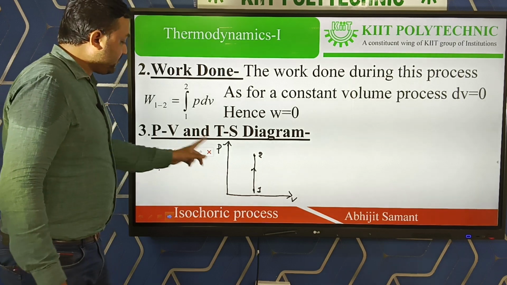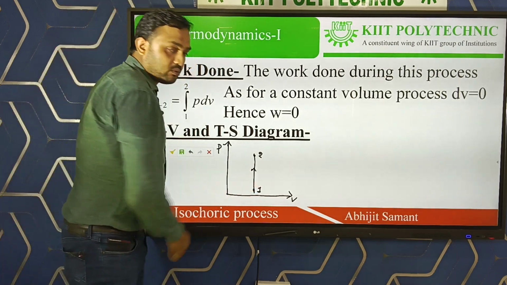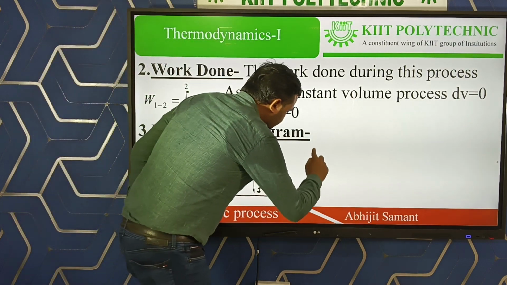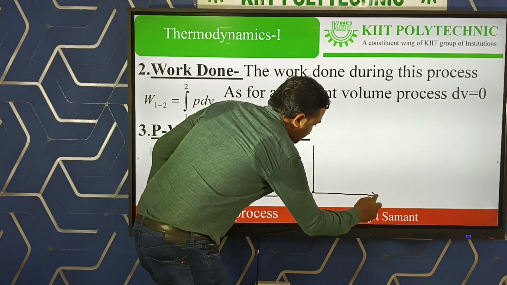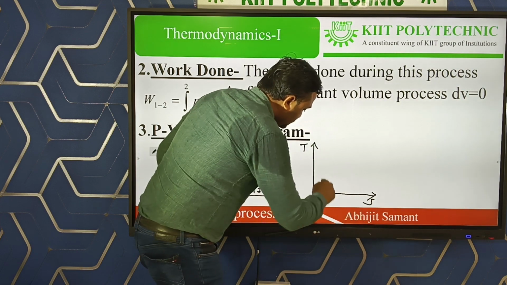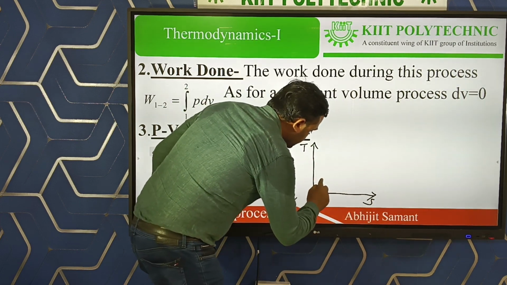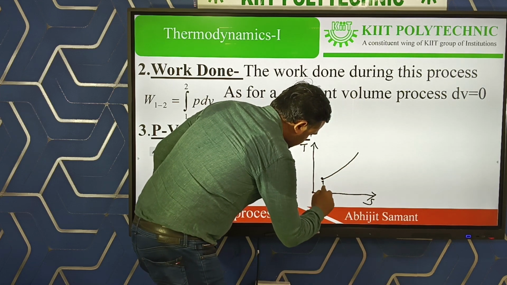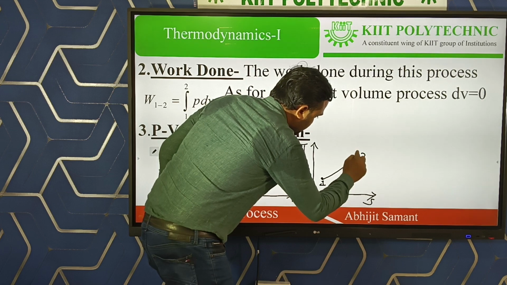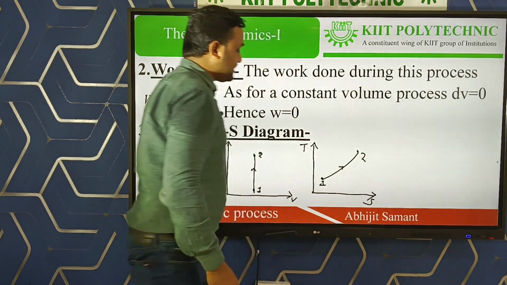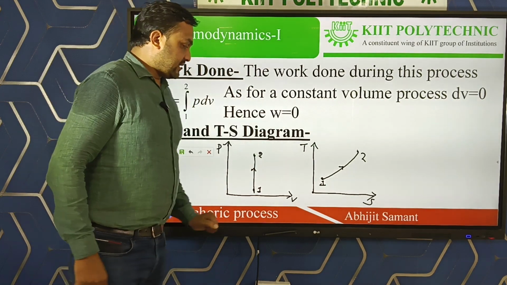This is called the PV diagram, also known as the indicator diagram. If we come to the TS diagram, or temperature entropy diagram, for an isochoric process the diagram is like this. This is state 1, and this is state 2. So it travels like this on a TS diagram.